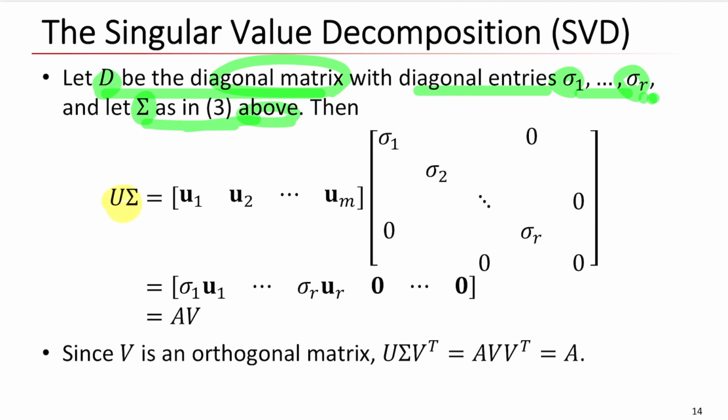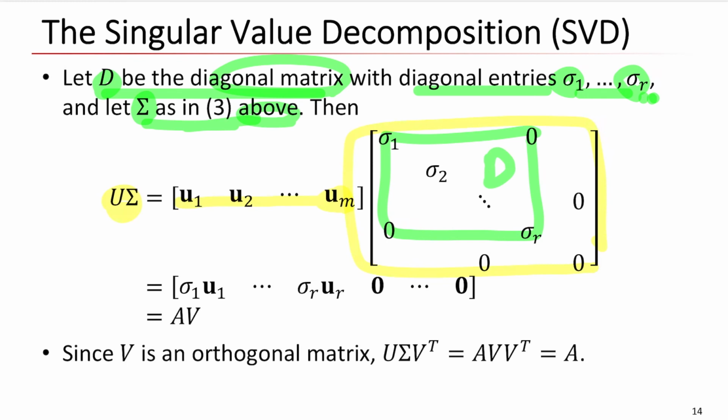And then matrix U times sigma is equal to u1, u2, through um times this sigma matrix, where here is the matrix D, and here is the 0, right? If we compute the matrix multiplication between these two matrices, then we get sigma 1 u1, sigma 2 u2 here, and sigma r ur, because there are ur somewhere, right?